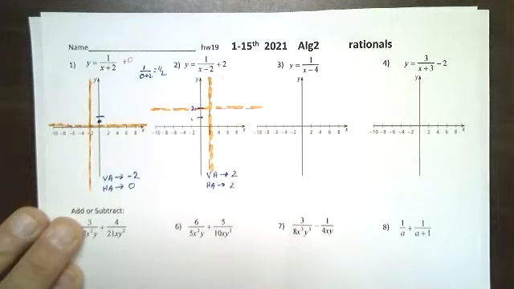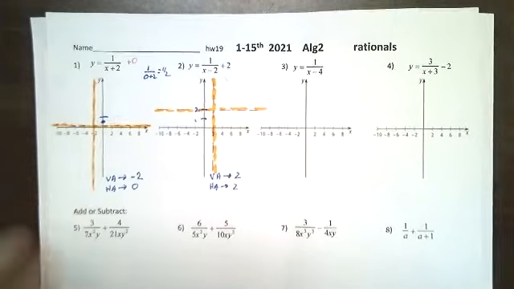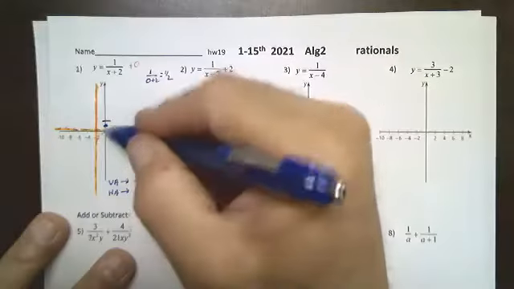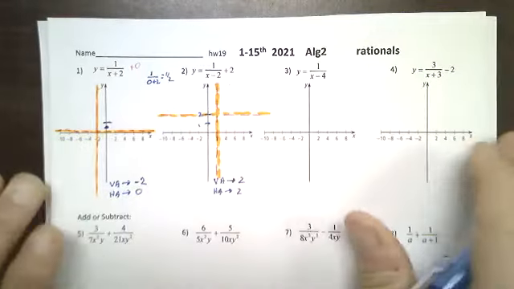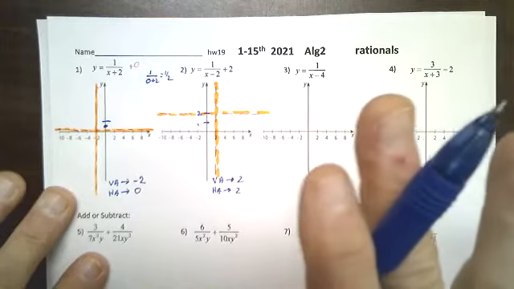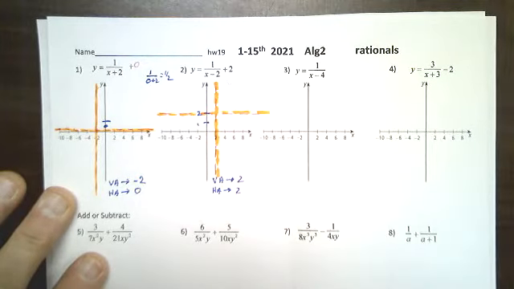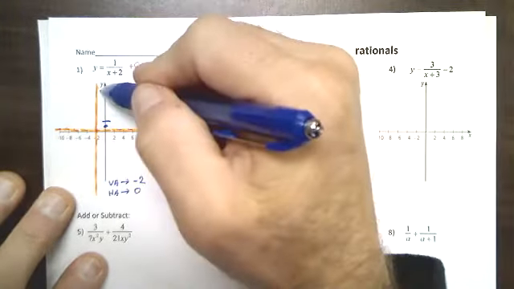Now, all this is a curved sketch. You can always go back to Desmos. You don't have to, but since I know it is right there, from yesterday, you saw the pictures of these rational graphs. It's going to look like this.